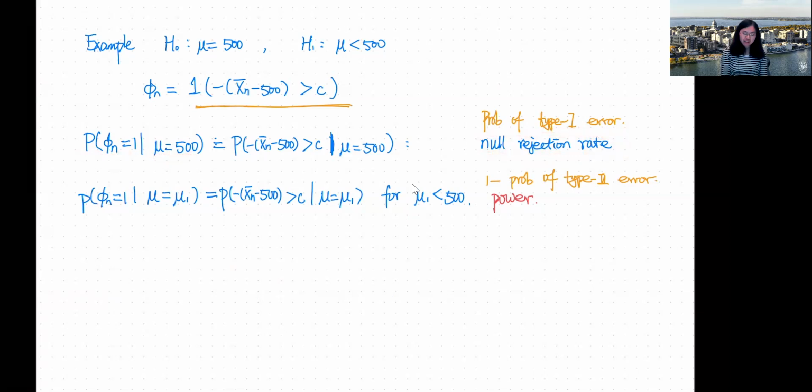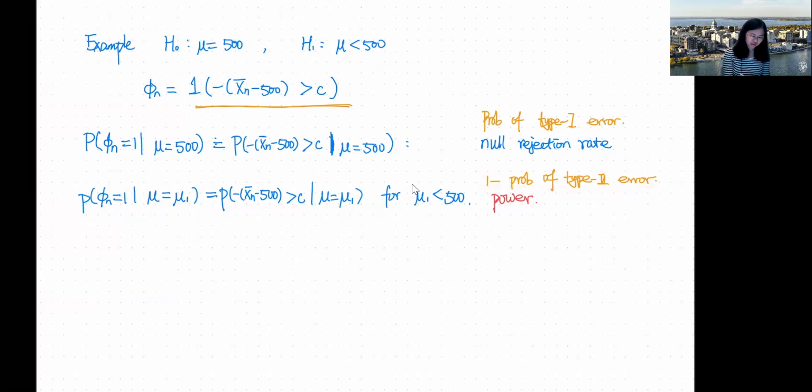And you can also analyze the probability of type 2 error by fixing the true expectation at some value that's less than 500. For some mu1 that's less than 500, you fix mu at this value and calculate the probability of rejection. The probability of rejection under a mu that is in the alternative is called the power of the test, and it is 1 minus the probability of making type 2 error.